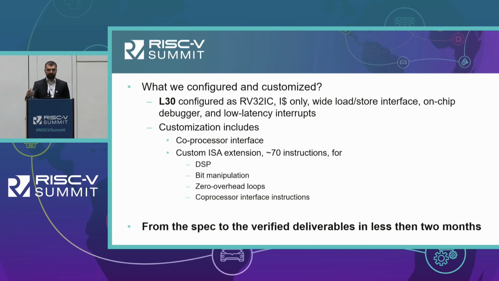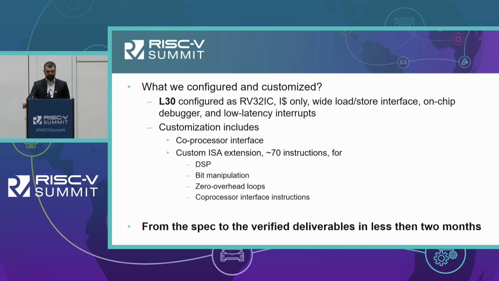And of course, because we have a coprocessor interface, we have to have a way to control that. So there are instructions that work with that one. If you look at the nature of the instructions, some of them are used automatically by a compiler, such as bitmanip or DSP. Some of them are used through intrinsics, such as the coprocessor interface, because there is no way our compiler can know how to control operations outside of the core itself, which is in this case the coprocessor.